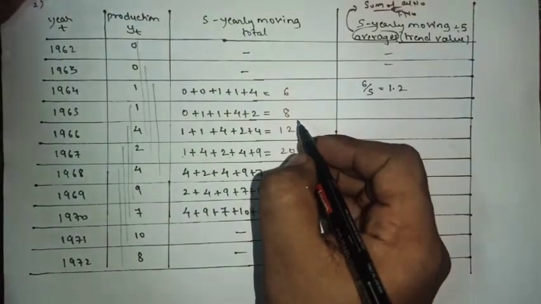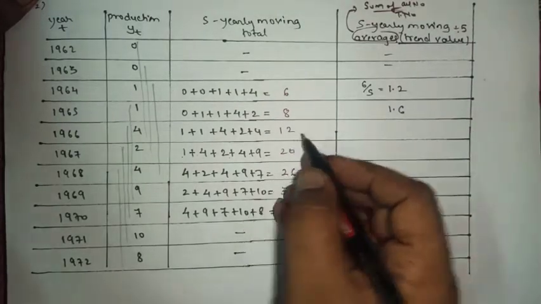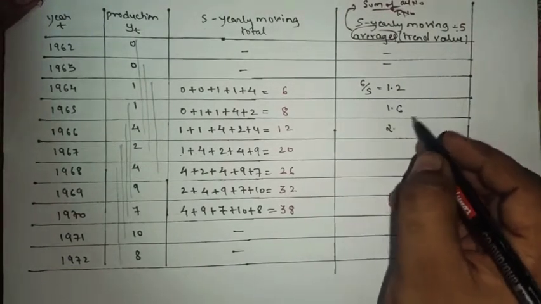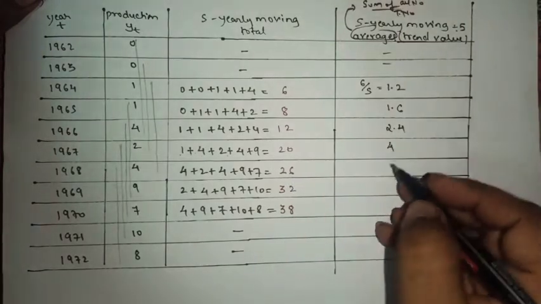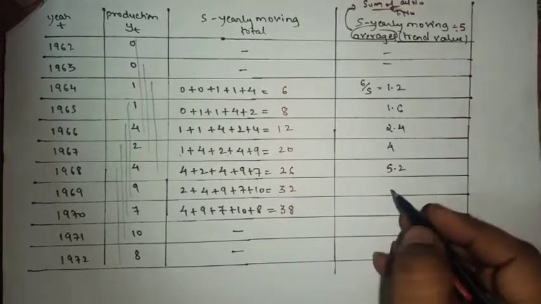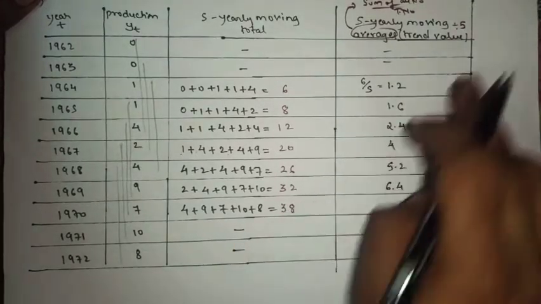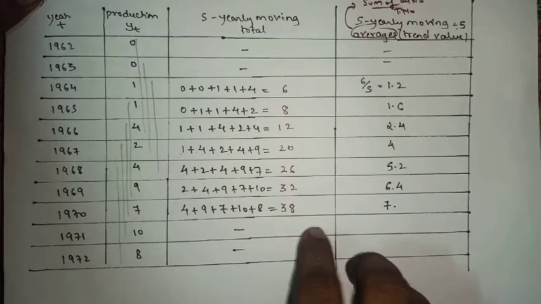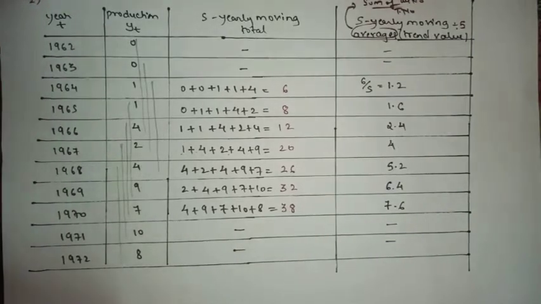The next, 8 divided by 5, the answer will be 1.6. 12 divided by 5, 5 twos are 10, so 2.4. 20 divided by 5, 5 fours are 20, so 4. 26 divided by 5, 5 fives are 25, so 5.2. 32 divided by 5, 5 sixes are 30 and 2 means 6.4. 38 divided by 5, 5 sevens are 35, we're left with 3, so 7.6. The next will be blank and blank.